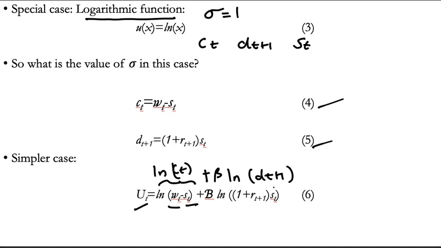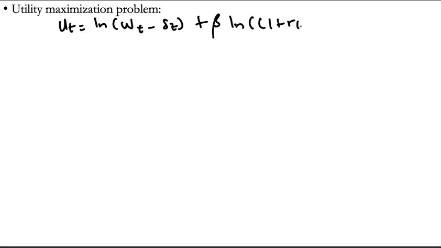Now, what should we do if we want to do maximization? Okay, now let me rewrite again the utility function, the simple case here. So ut is equivalent to ln(wt minus st) plus beta ln in bracket 1 plus rt plus 1 close, and then st. So to maximize utility, the argument is st, okay.